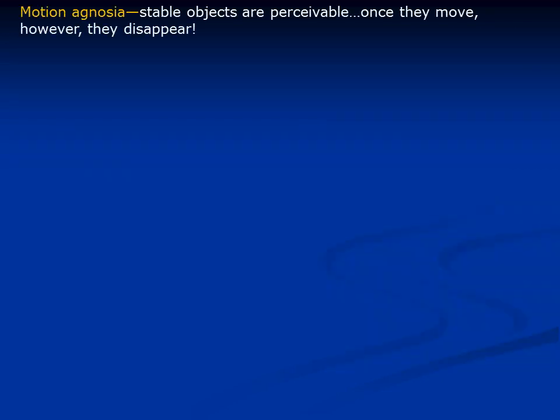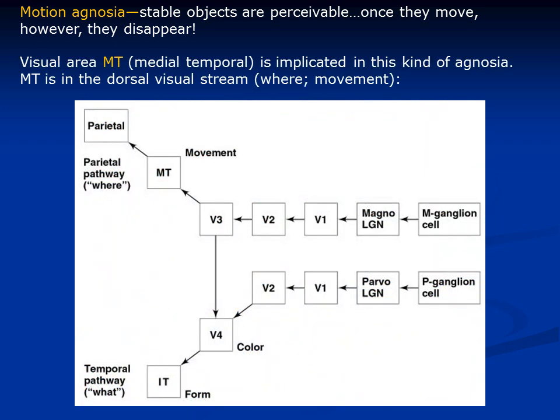Next slide here. Motion, another agnosia. Motion agnosia. You can see a stable object, one that's still, but once they move, they disappear. Pretty incredible. All right, that would be disturbing. Visual area MT, and you see in the diagram here, coming from the right to the left, we're talking about magnocellular, parvocellular.